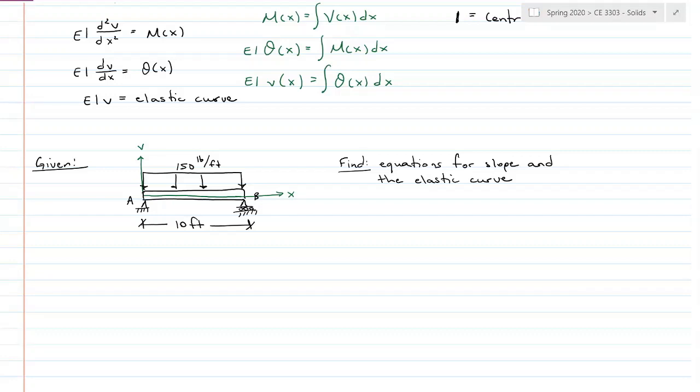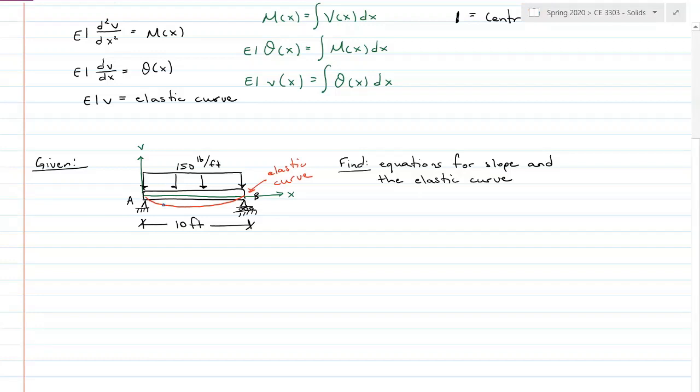Now the elastic curve is how the beam deforms. That's why we're talking about vertical deviation. So if I'm holding it up on two ends and loading it in the middle, then this thing is going to want to bend down in the middle here. So this red line that I've drawn is the elastic curve, or the deformed shape of the loaded beam. Slope is going to be slope at any place on the elastic curve.